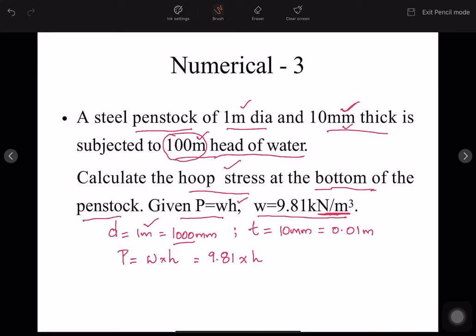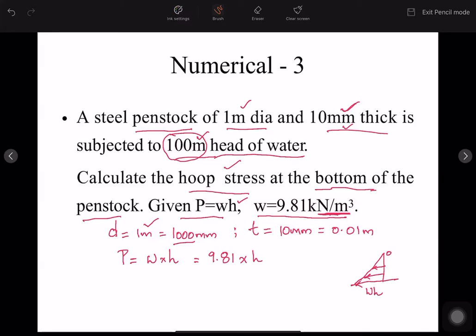So generally there will be a distribution of stress like this, means at the bottom maximum value, triangular distribution, at the top it is 0. Generally it will be like this for water. So at the bottom we have the maximum value, that is W into H. He is asking us to calculate at the bottom.